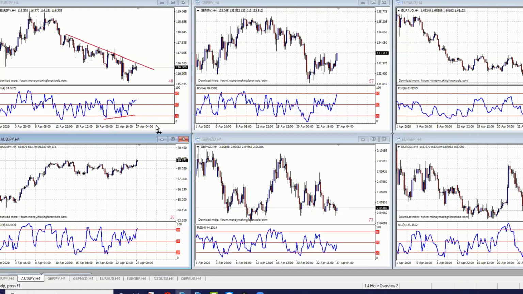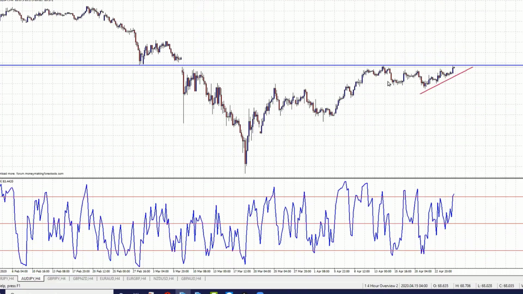This one's a little bit trickier because there's 2 trend lines here. There's that, and then there's the horizontal support and resistance. So that line that I've just drawn in, it's touched there. You can see how it's acted as support there.